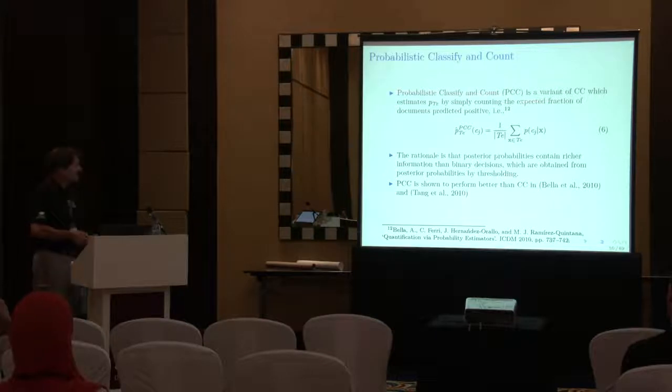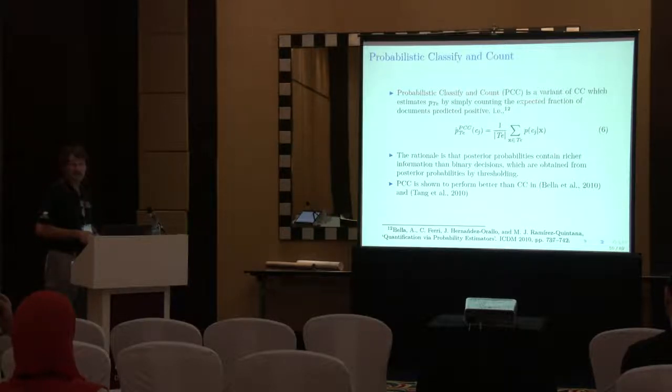The idea of the probabilistic classifying count is that your estimated prevalence of class CJ will simply be the expected value of this probability. So you sum, for all of the documents in the test set, the estimated probability that X falls into CJ, and you take the average of this.